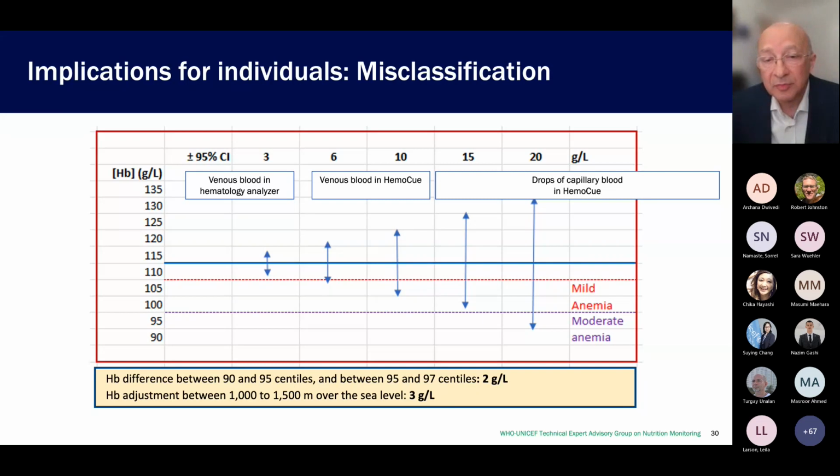The difference between these two percentiles is only 2 grams per liter. We also correct by altitude, and every 500 meters is around 3 grams per liter. If we are being accurate in these calculations, we also need to do the same with our methodology. The variation of our method is much larger than these corrections that we are trying to do. The next slide.